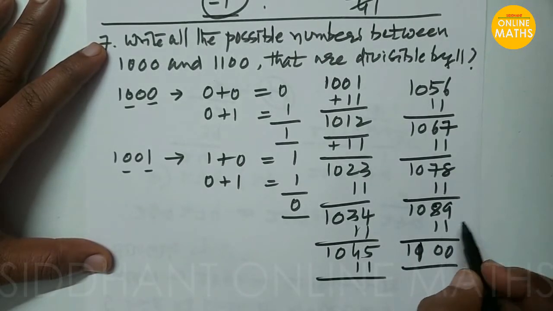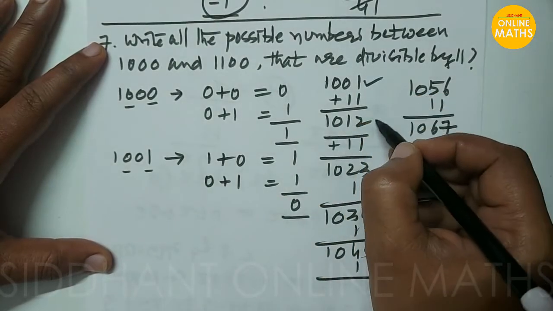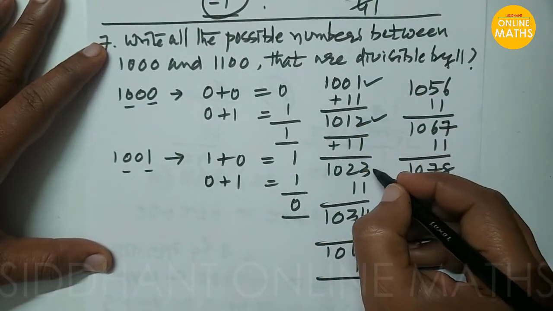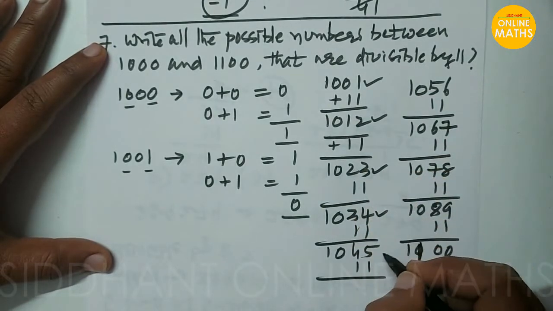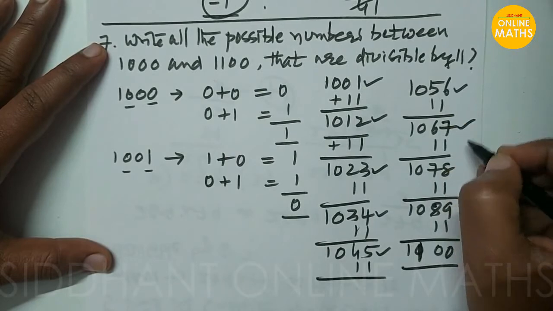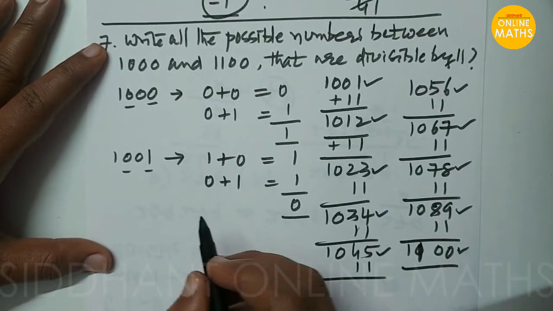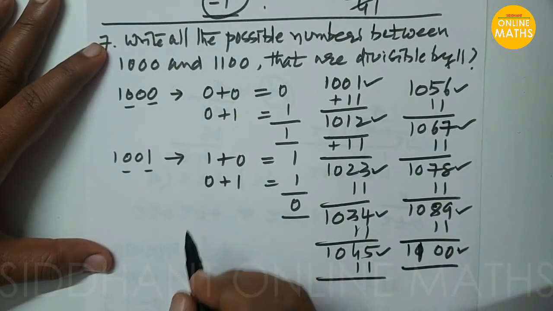So we can say that the numbers 1001, 1012, 1023, 1034, 1045, 1056, 1067, 1078, 1089, and 1100 are divisible by 11.